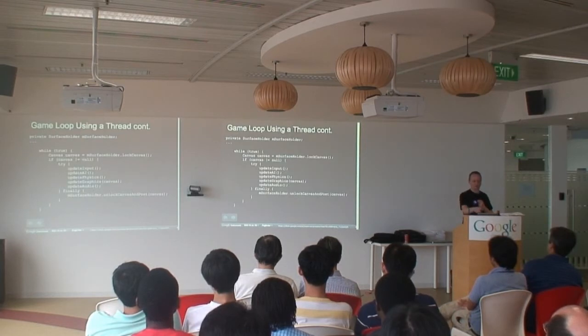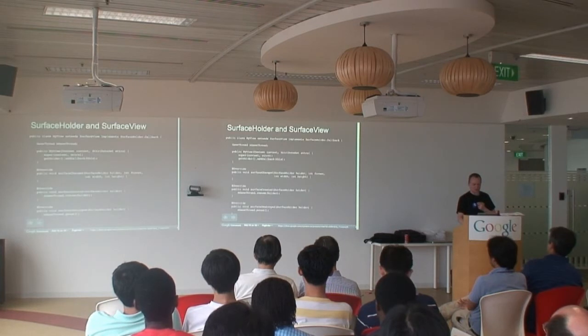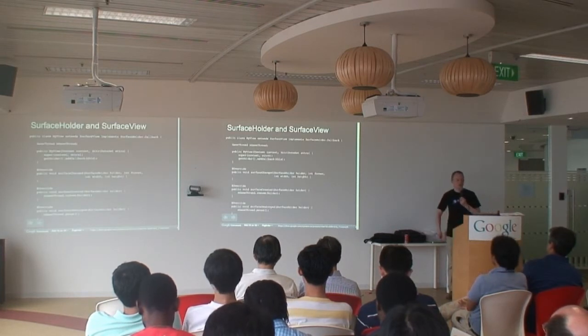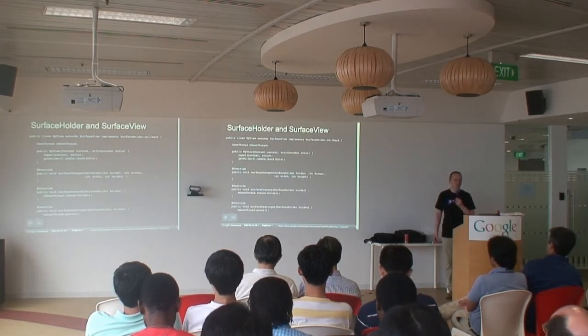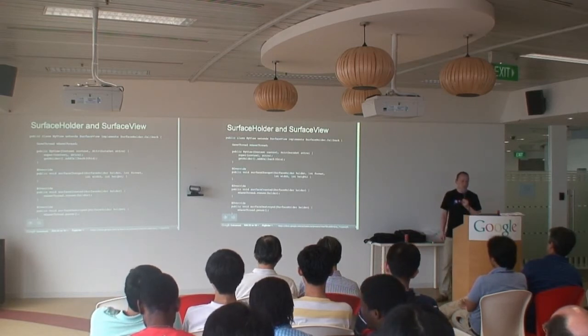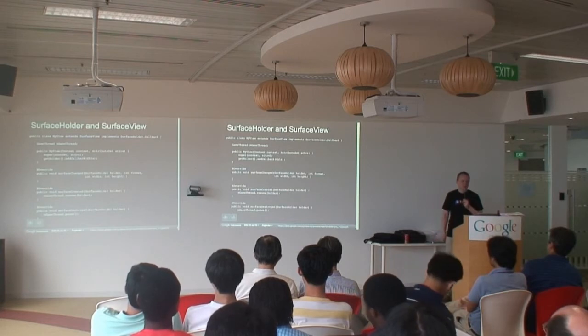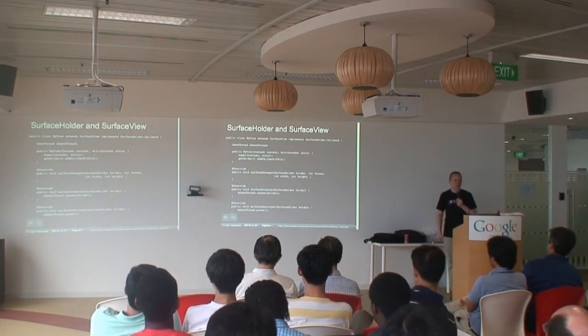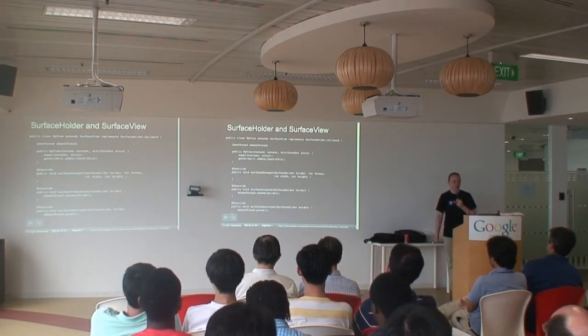So where do we get this surface holder object? In order to get that, we extend another class called Surface View. And we also implement the interface called Surface Holder Callback.